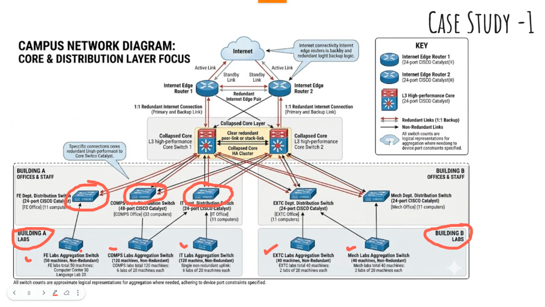My labs are connected onto this aggregation switch, and my office is also connected onto this distribution switch. My labs are getting connected here. Now redundancy is required only for the office. Okay, so my department office is connected here.